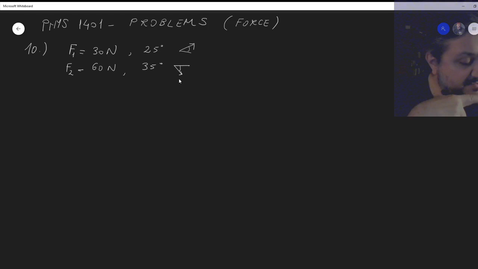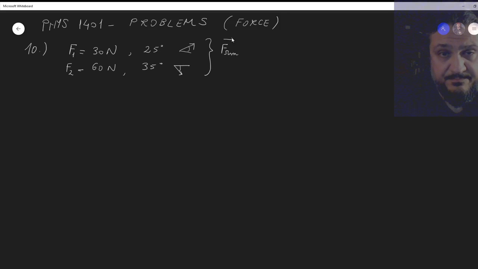What is the vector sum of these two forces, F1 plus F2? Use graph paper, ruler, protractor to find a graphical solution.